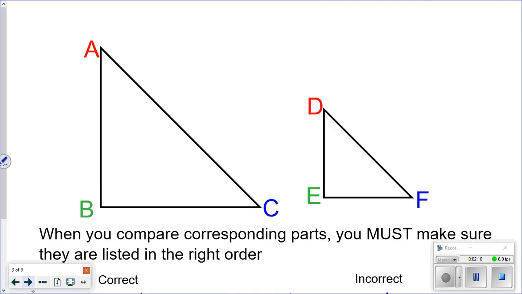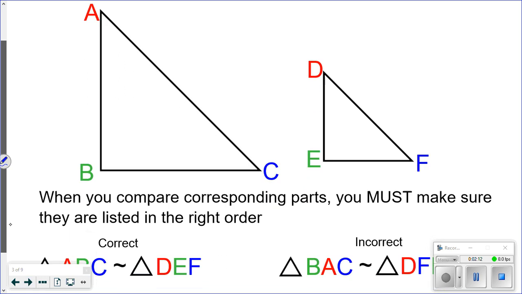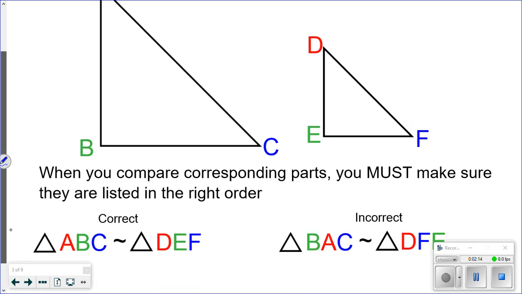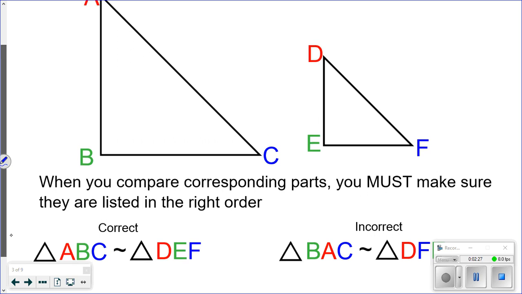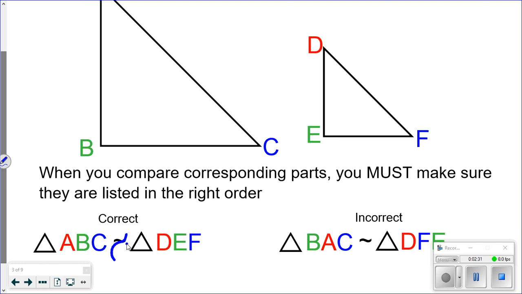So the first thing they're going to have us do is look at how to write triangles in the correct order, with the sides that they correspond to. You have to make sure they're listed in order. For example, if I label this top one as triangle ABC, this means similar to triangle DEF.